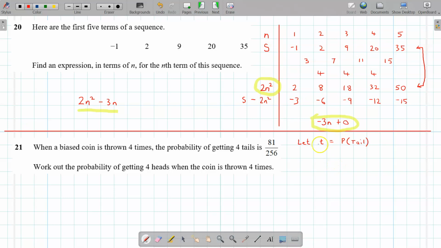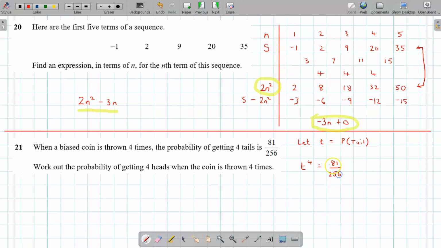Okay, so therefore t to the power 4 equals 81 over 256.